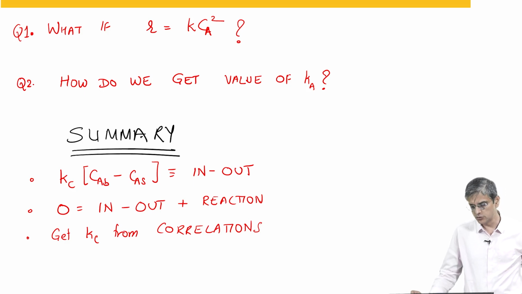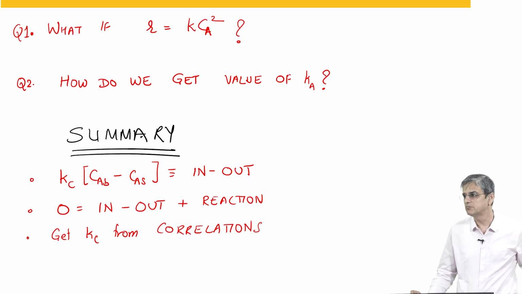Therefore, you have 0 equal to in minus out plus formation because of reaction. Formation because of reaction is a negative value because it is a reactant that is getting consumed.